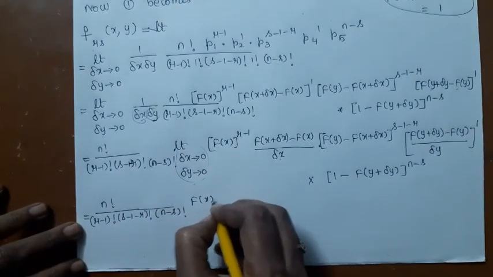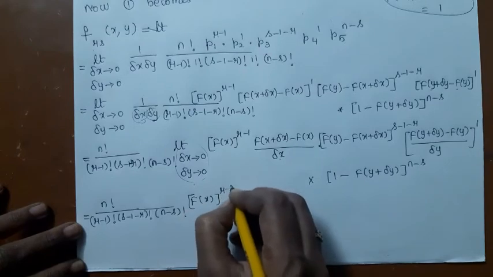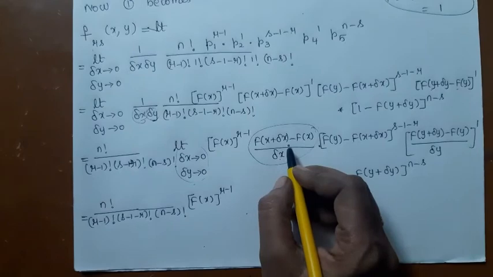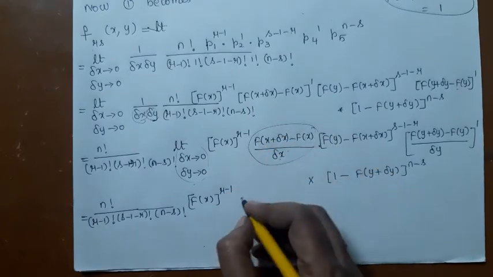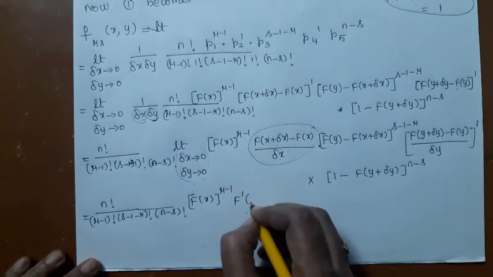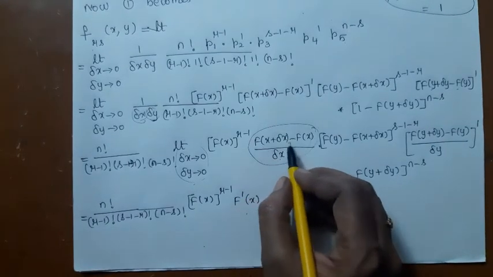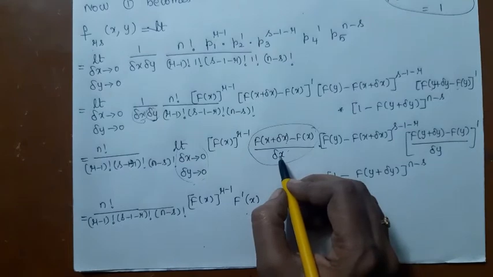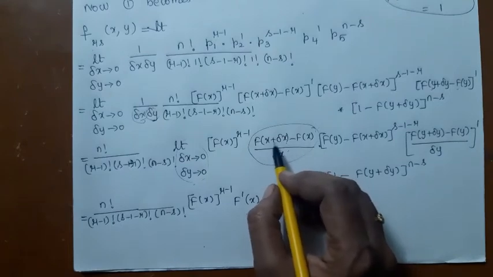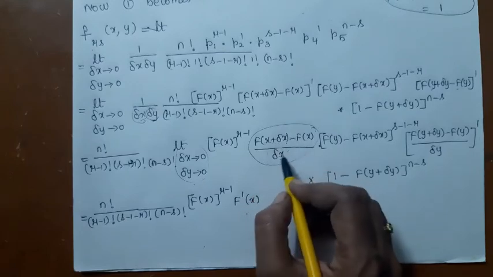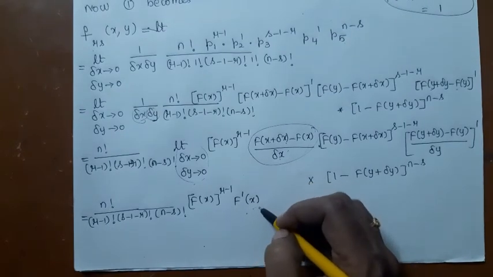So the first term remains the same. Here, when delta x goes to 0, this term becomes F dash of x. That is the definition of differentiation, right? F of x plus delta x minus F of x by delta x. If you increase x by delta x and compute the difference of this function in the numerator and divide the term by delta x, as delta x tends to 0, this is nothing but differentiation, F dash of x.